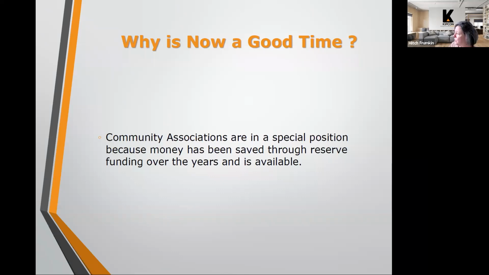That's why it's important to update a reserve study regularly, because if you have an older reserve study, you may not be funding enough because costs do increase, the cost of labor, the cost of materials. So it's important to have an updated reserve study available to you so that you could make solid budgetary decisions.